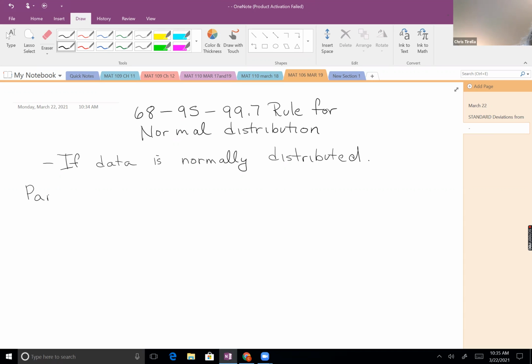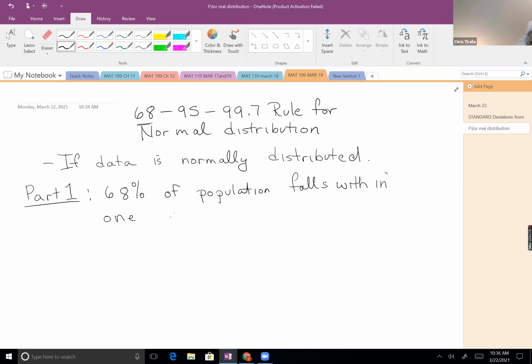And this rule is going to have 3 parts to it. The first part says that 68% of the population falls within 1 standard deviation of the mean.